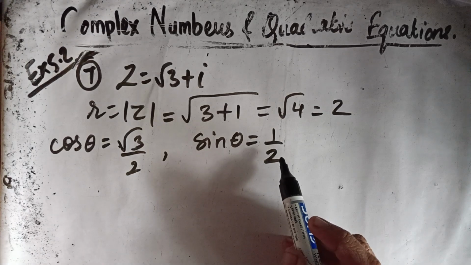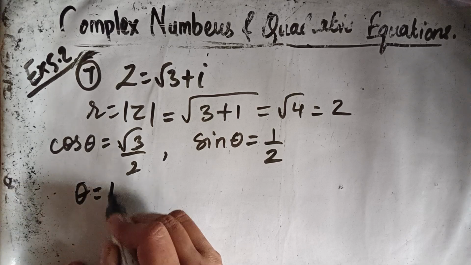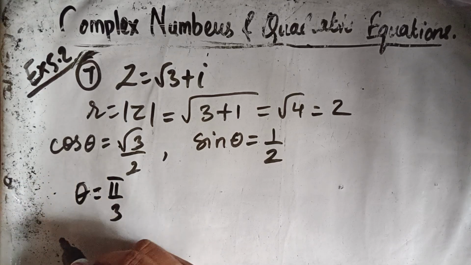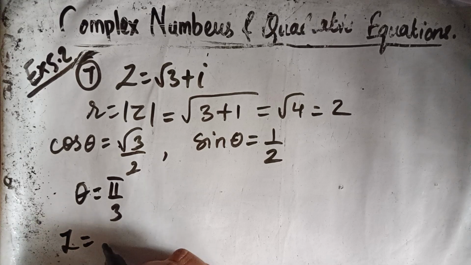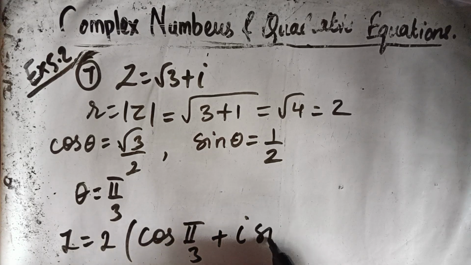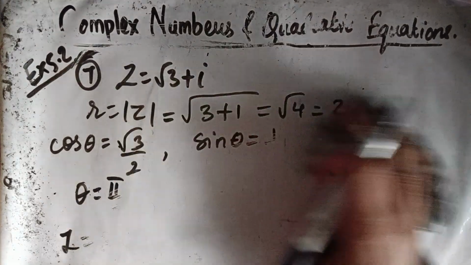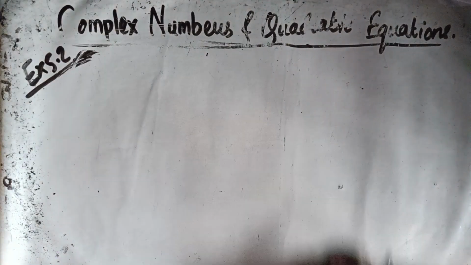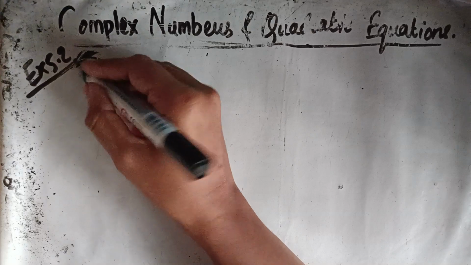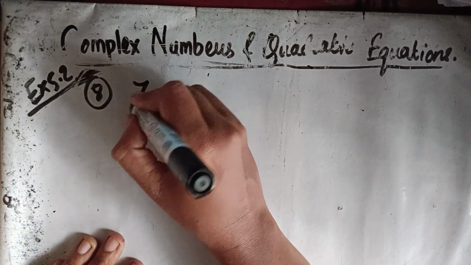This is 30 degree, pi by 3. Okay, last one, i.